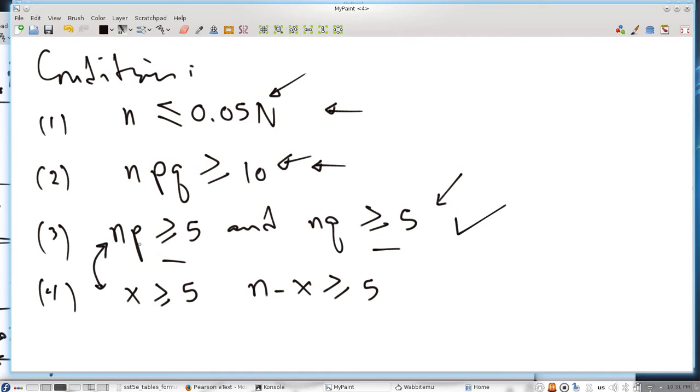They are related because, even though we don't use the p hat, it stems from the idea that p hat is actually x over n. So if you take p hat times n, that gives us x at least 5.